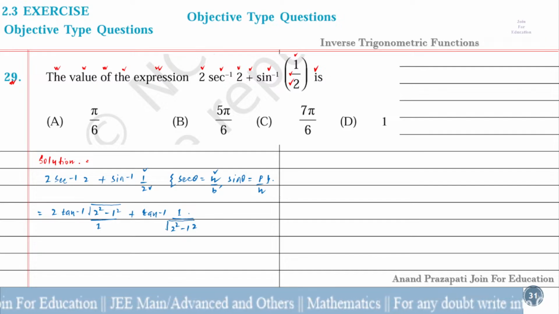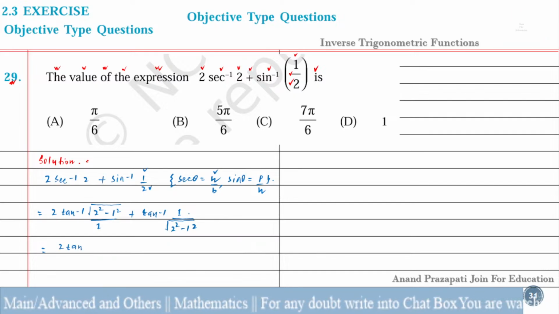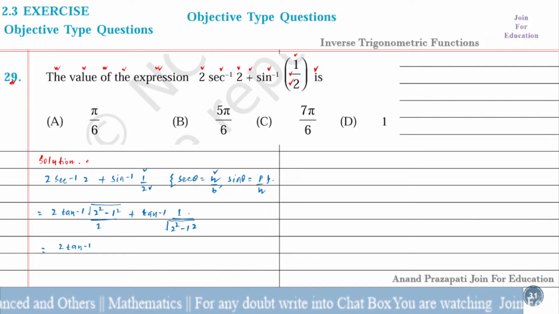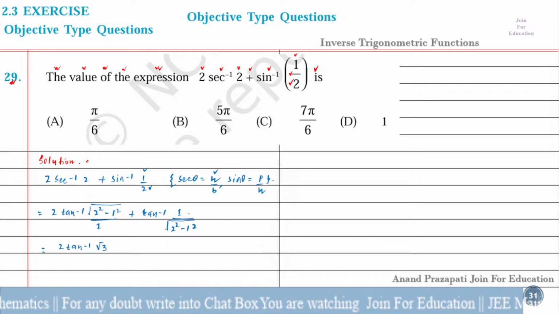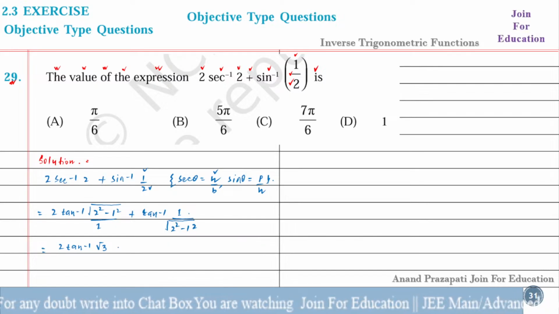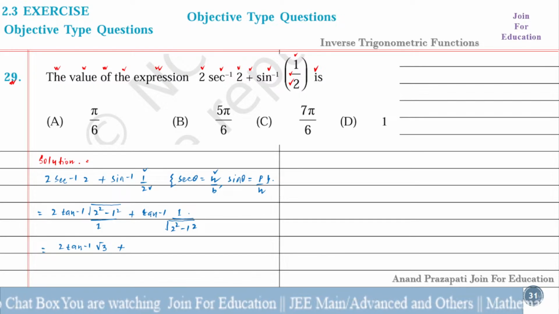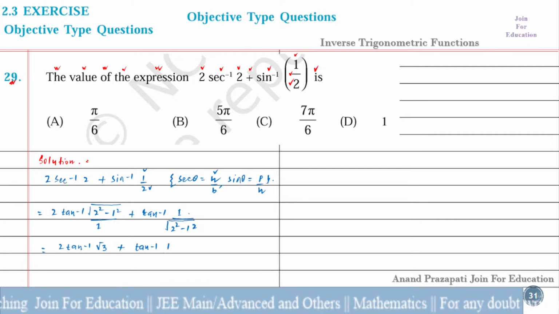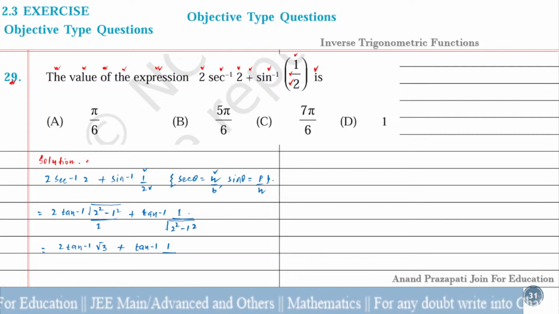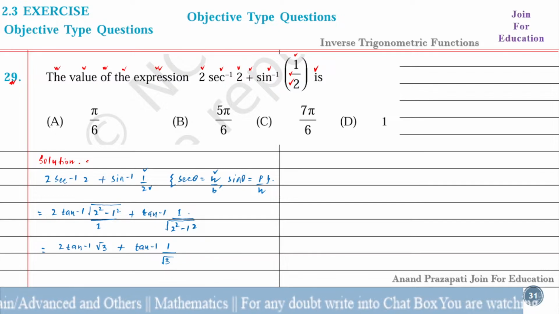So the next step here will be 2 tan inverse and this one will be 4 minus 1 equal to root 3 and we write down here plus tan inverse 1 by 4 minus 1 equal to 3 over root. So this question became very easy.